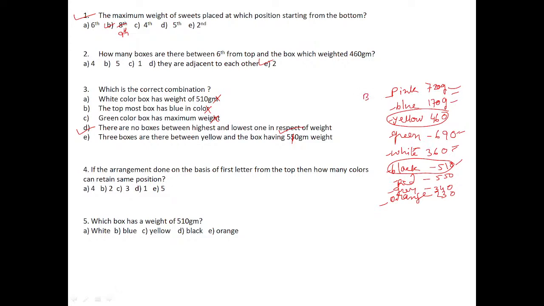Okay, so this is black, this is blue, this is green, this is gray, orange, this is pink, this is red, then white, then yellow.